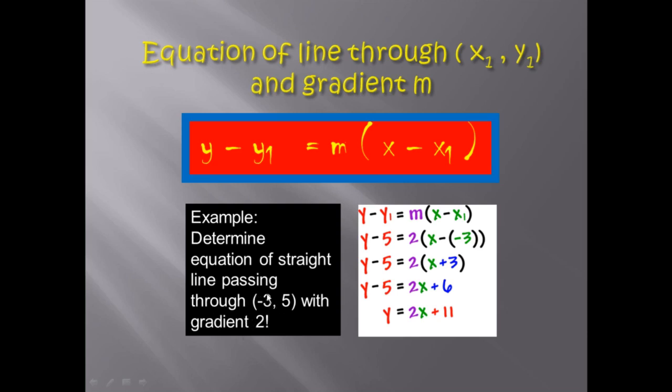A point consists of x1 negative 3 and y1 is 5. The gradient m is 2. Substitute into the formula, we can write y minus 5 equals 2 times x minus negative 3. So the answer is the equation of line is y equal 2x plus 11.